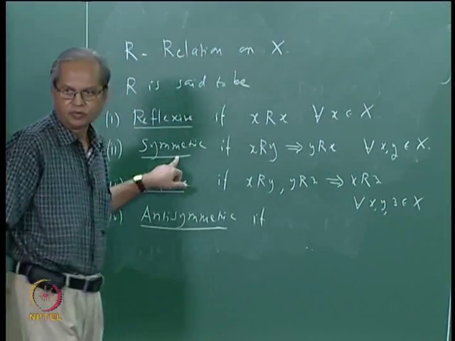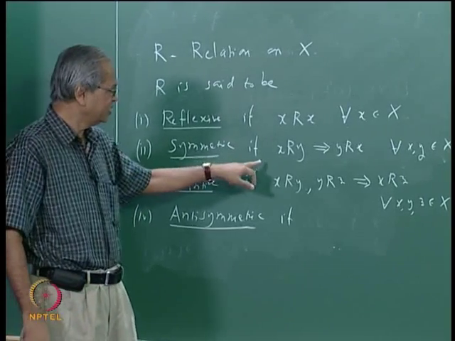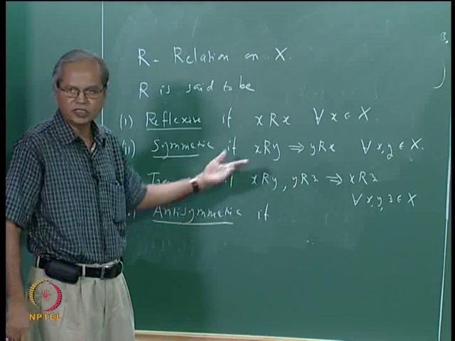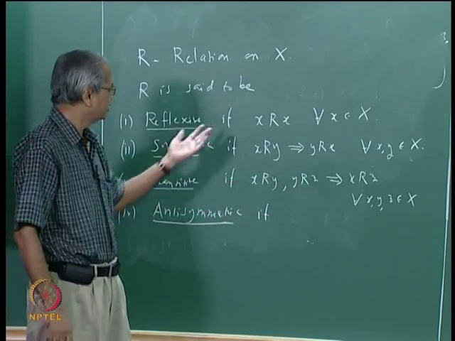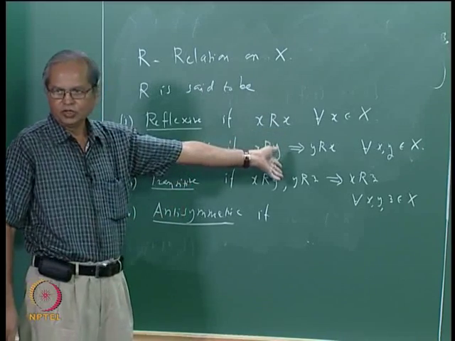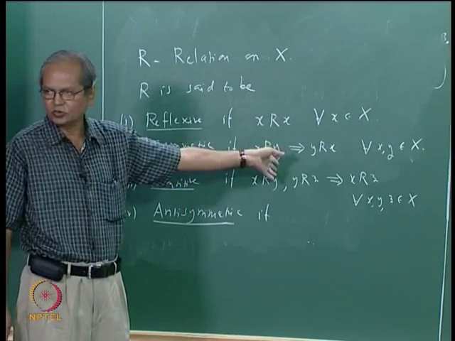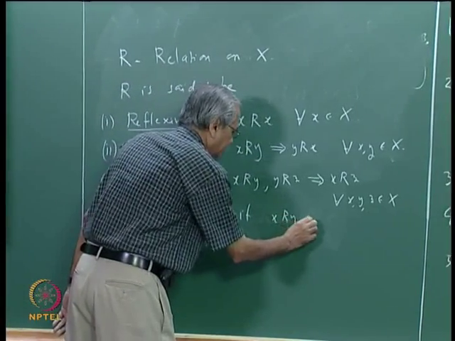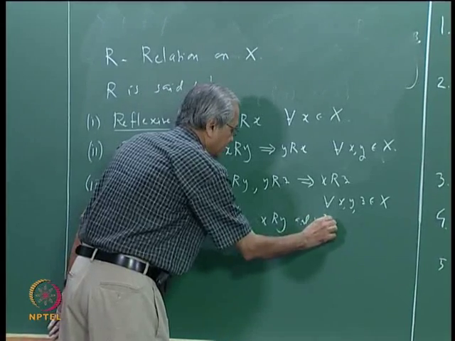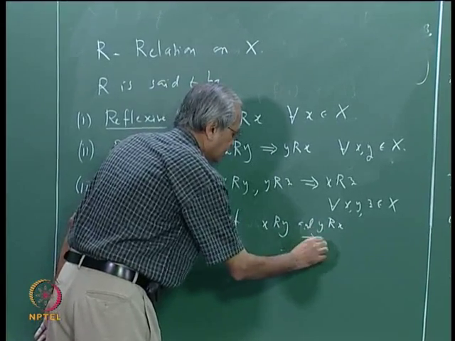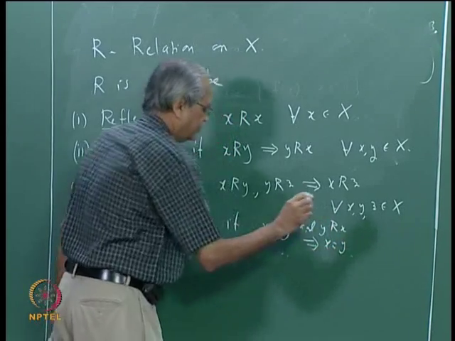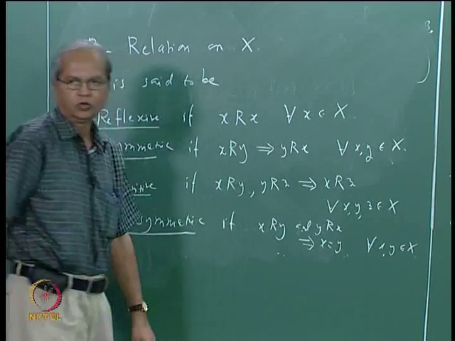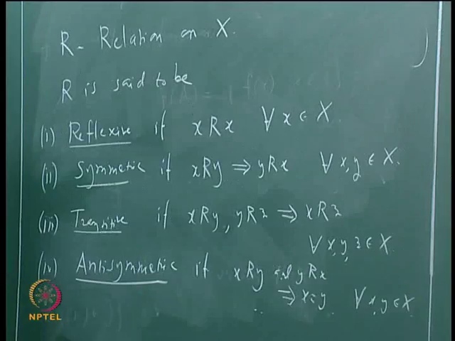Symmetric says that if x is related to y then y must be related to x, and antisymmetric means this can never happen, but of course if it is a reflexive relation, x is related to itself. So this is the only way in which it can happen. What it means is that if x is related to y and y is also related to x, this means x is equal to y. This should happen for every x, y in X.